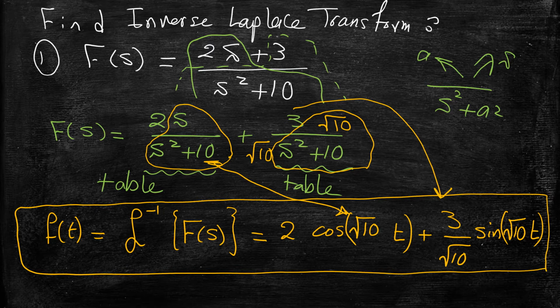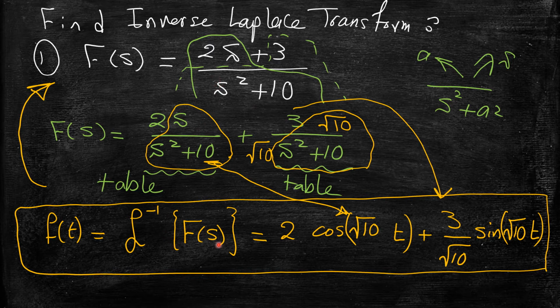If we move the opposite way to get the Laplace transform, we'll end up with equation number 1. So again, we did nothing new, just this partition, and then we end up with 2s over s squared plus 10, and the other one is 3 over s squared plus 10.